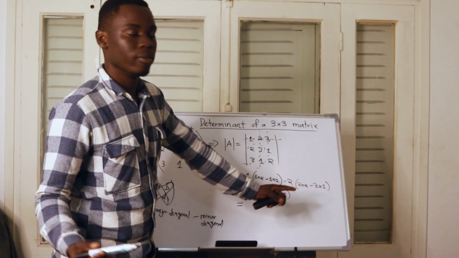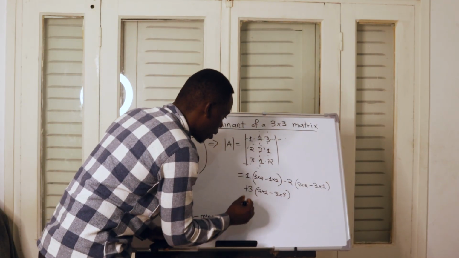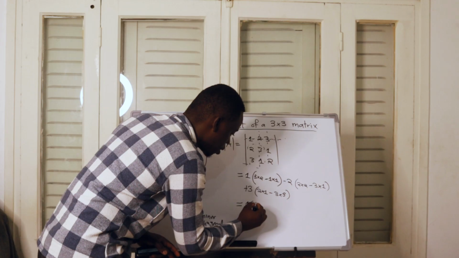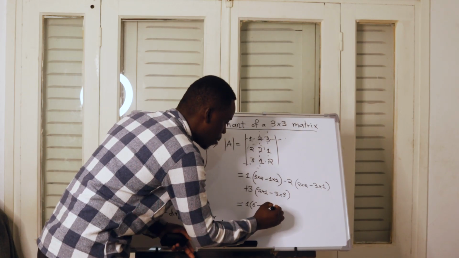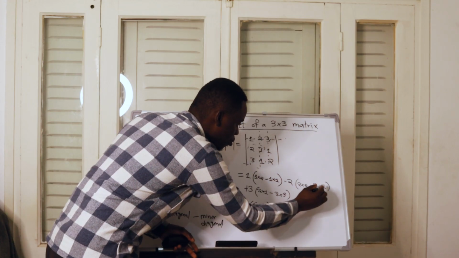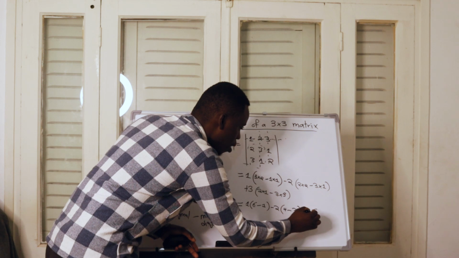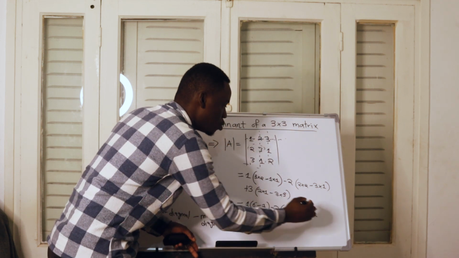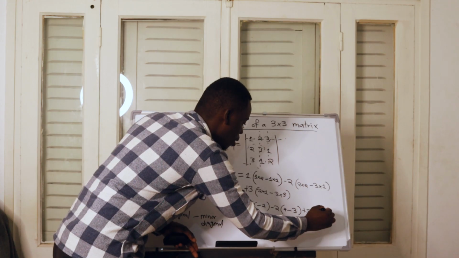Then we get to simplify. We first simplify the brackets. So I'm going to write 1, open bracket, 3 times 2 is 6, minus 1 times 1 is 1, then minus 2, open bracket, 2 times 2 is 4, minus 3 times 1 is 3, plus 3, open bracket, 2 times 1 is 2, minus 3 times 3 is 9.